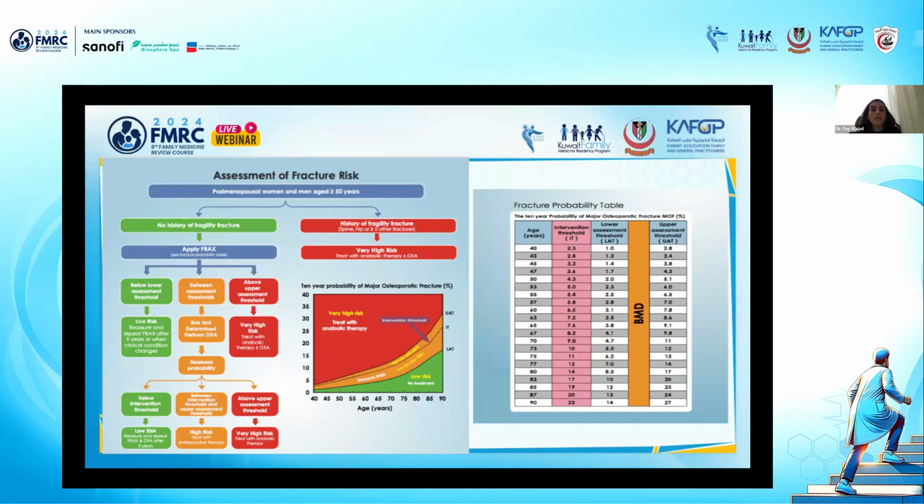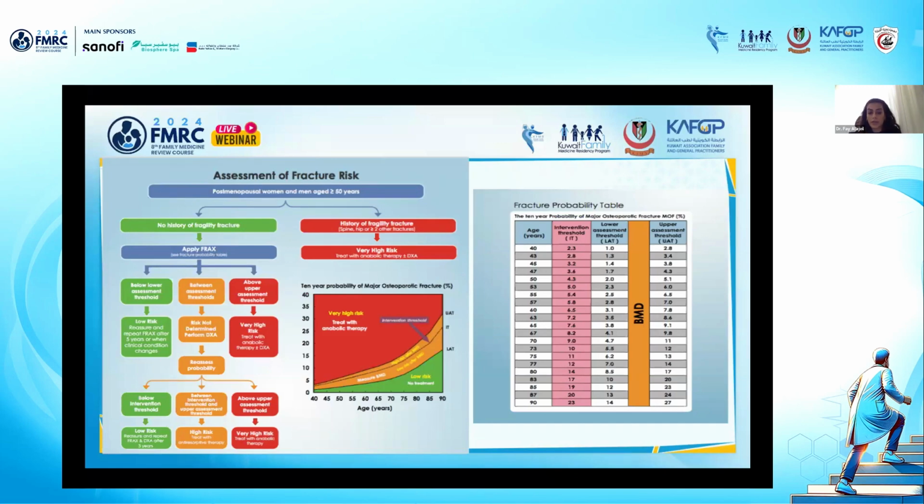Okay, so if the answer was yes, I have had a fragility fracture, for example 2 or 3 months ago of my hip and I was operated, this is a patient that is a candidate for anabolic treatment and they are categorized as very high risk patients. Yani, this patient is a very high risk patient.